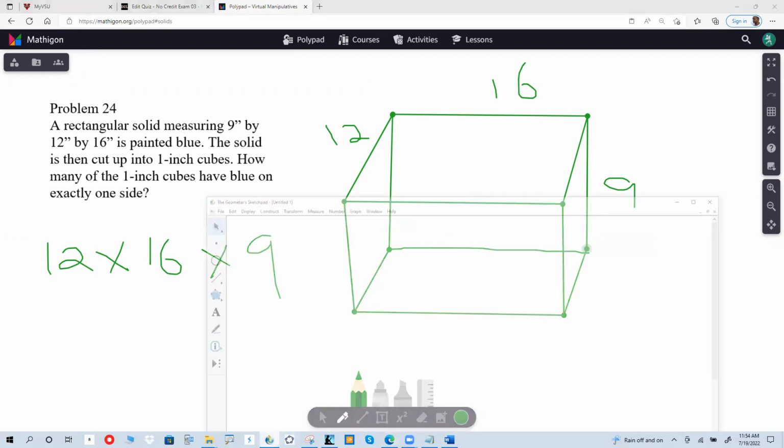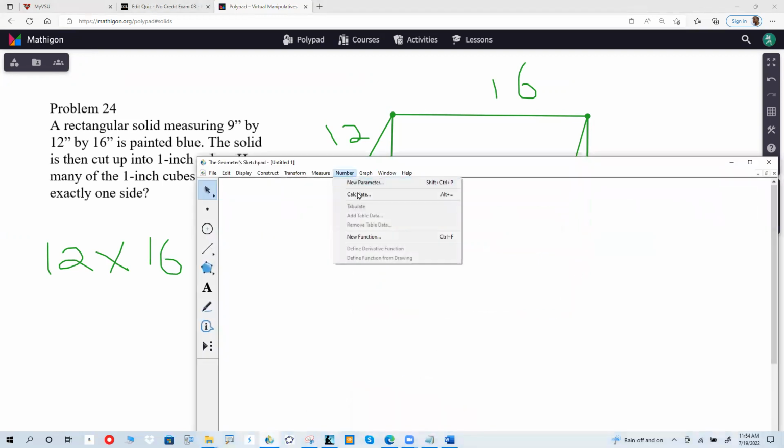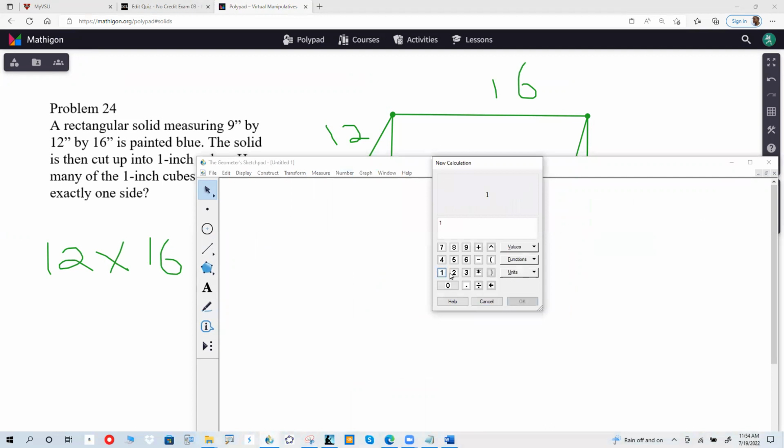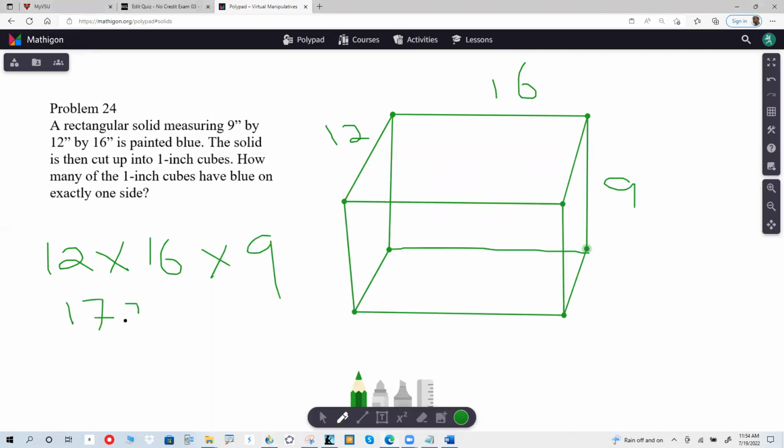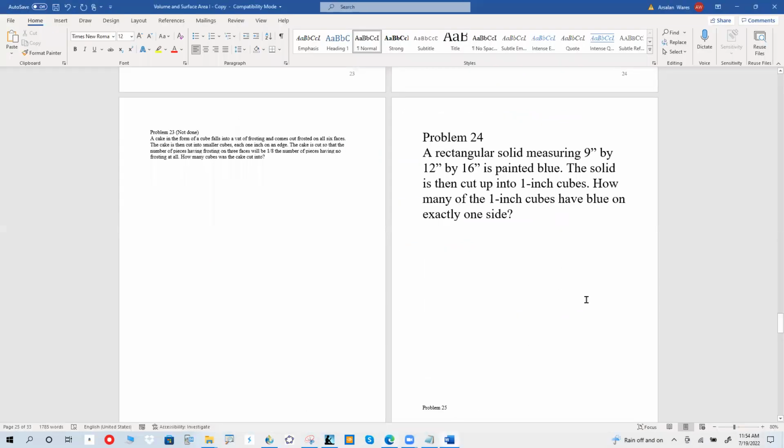And whatever that turns out to be, let's find out. 1,728 unit cubes. That's our answer. I will quickly check the answer, okay?